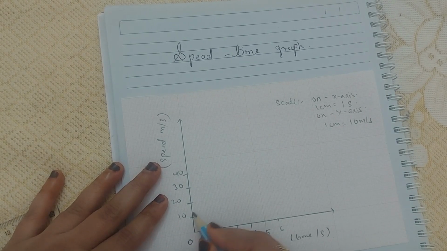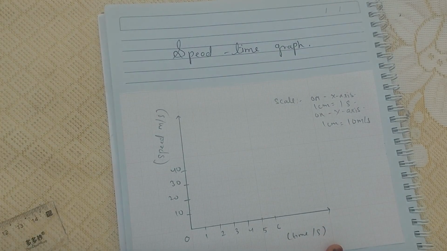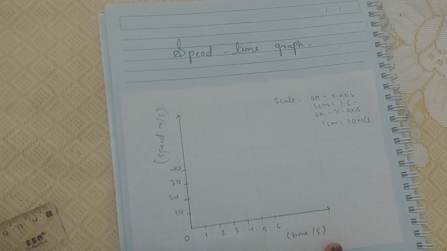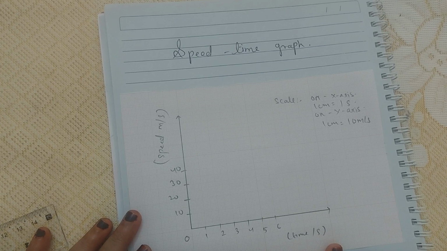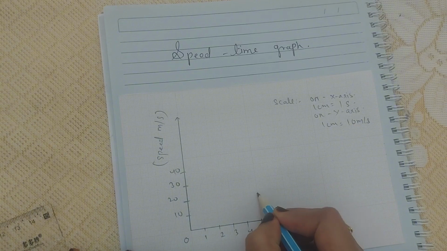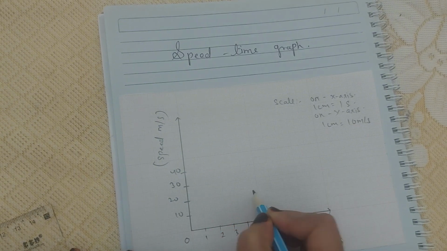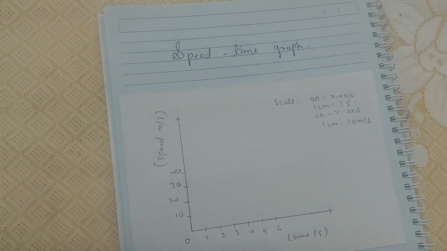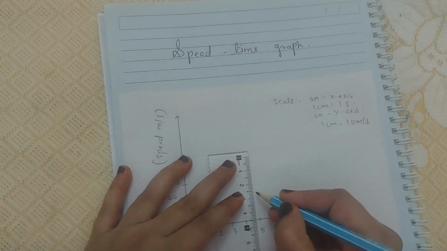As you can see, 0, 10, 20 and so on. And this is the graph that we are plotting. This is for the object, and the speed of the object is constant. The object is moving with a constant speed of 20 till 5 seconds.